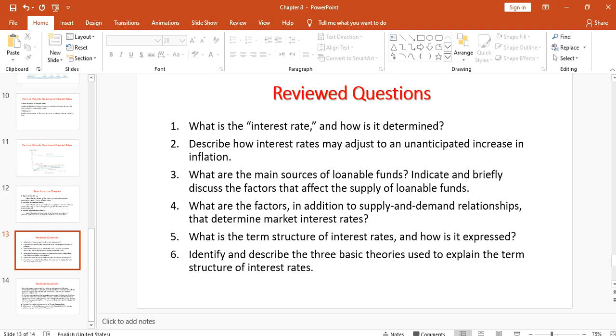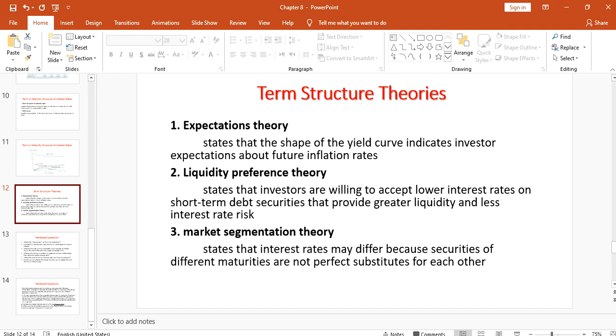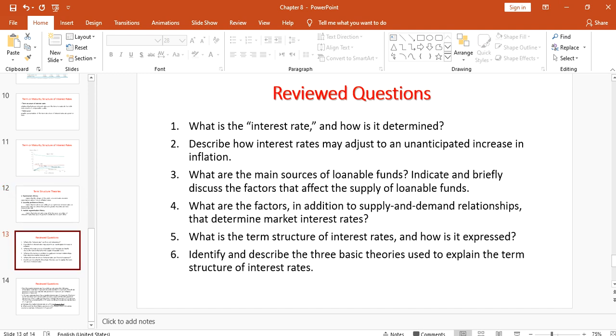Describe how interest rates may adjust to an anticipated increase in inflation. So if inflation increases, the interest rate will increase. And if the inflation rate is expected to decrease, the interest rates are expected to decrease. And we have a theory explaining this one, expectation theory. What are the main sources of loanable funds?